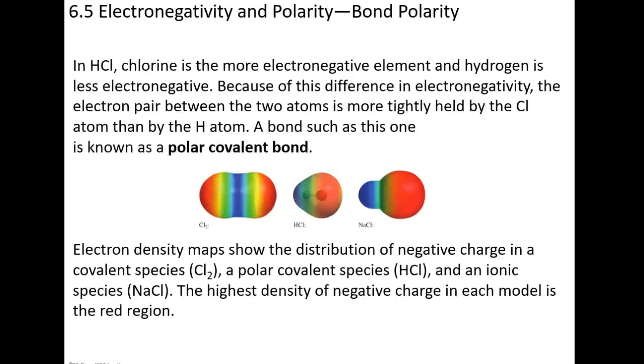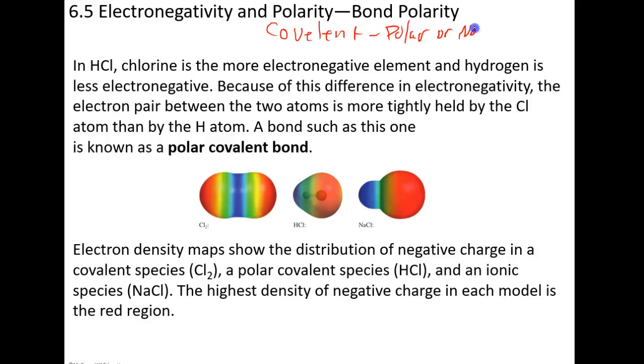So why is that important? It tells us something about bond polarity, and we're talking about covalent bonds here. Bond polarity is whether your bond is polar or nonpolar.